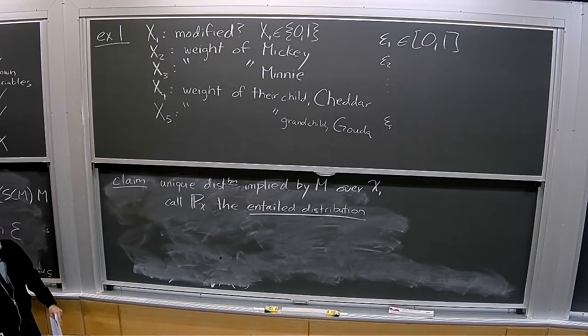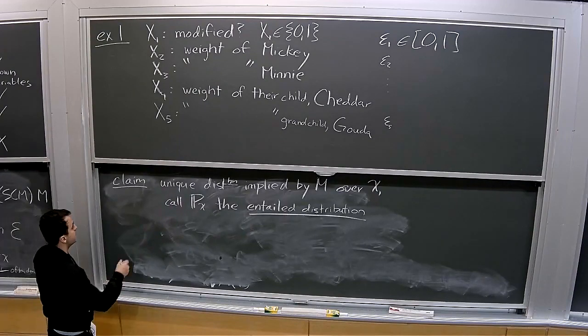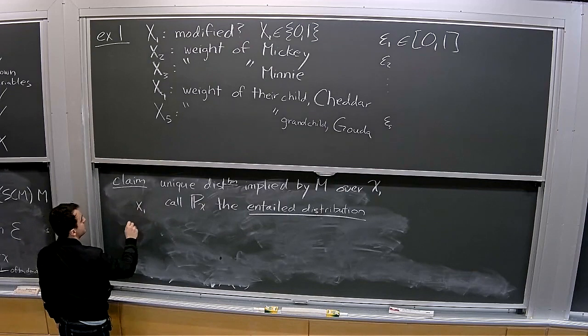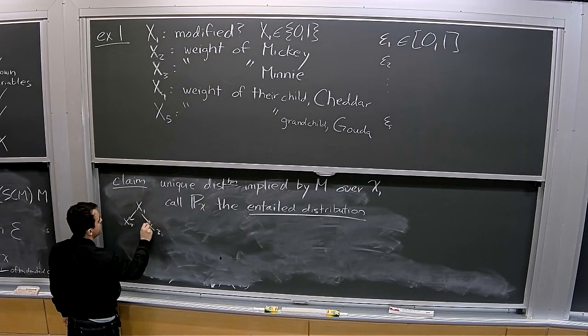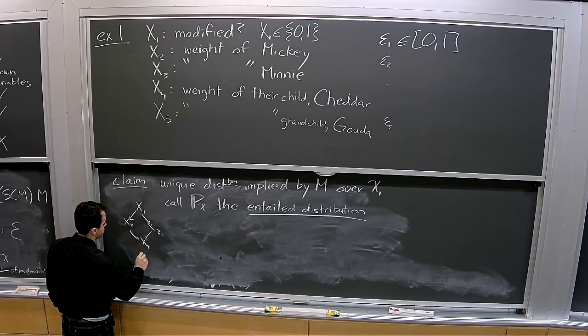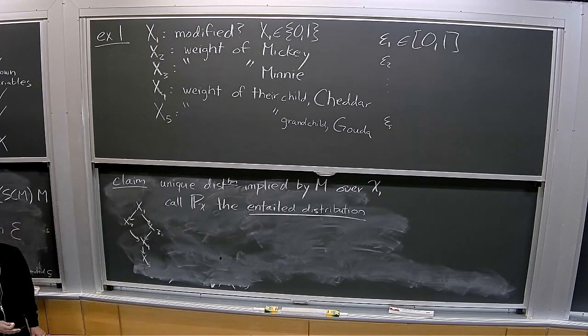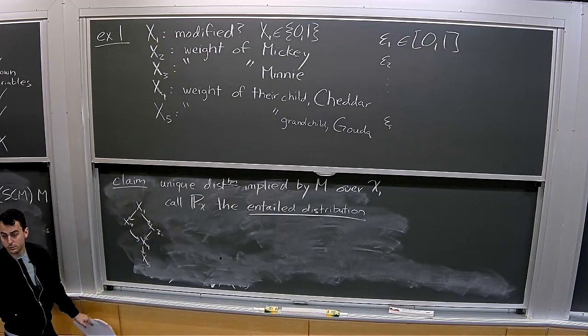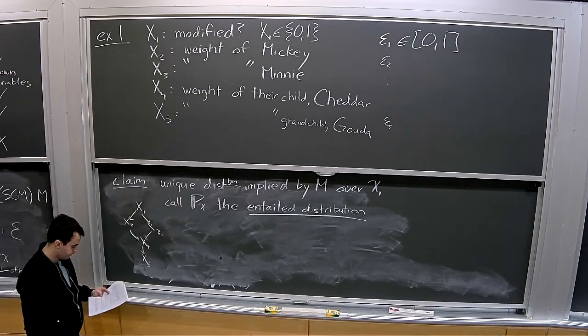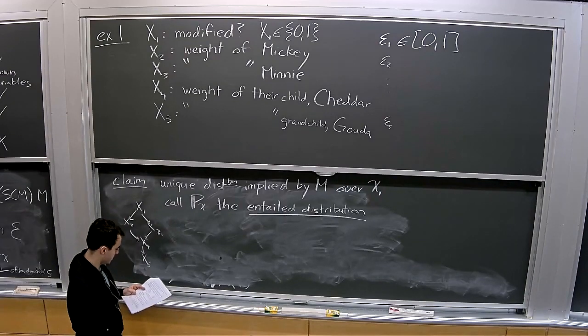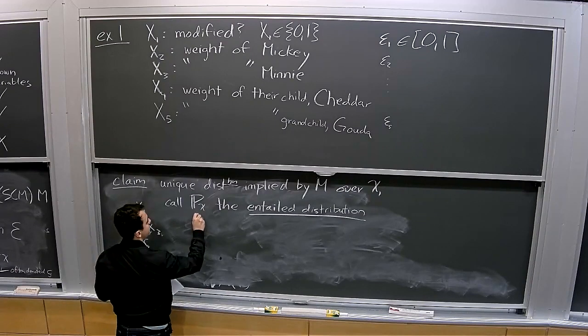So for example, we had this causal graph. I'm not going to write out the epsilons, but remember they're there when we're defining the structural causal model. This might look something like this. So it might be x1.